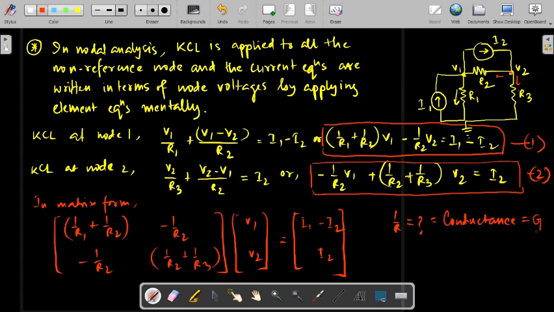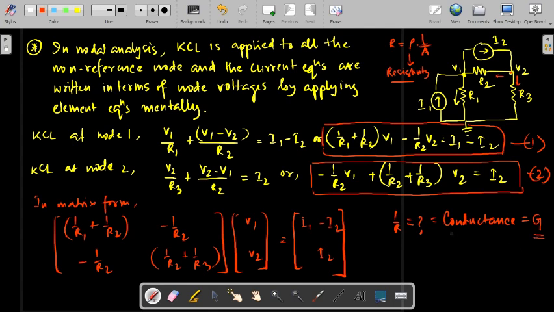Whatever rho you have said is called resistivity, related as R equal to rho into L by A. But conductance in electrical is represented by G.